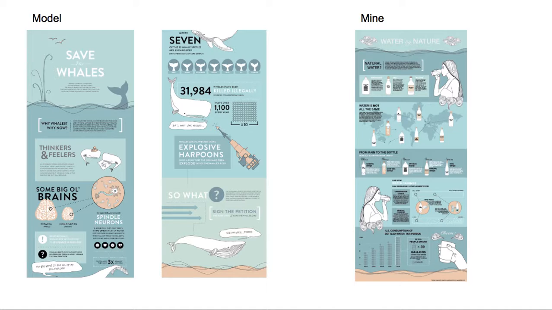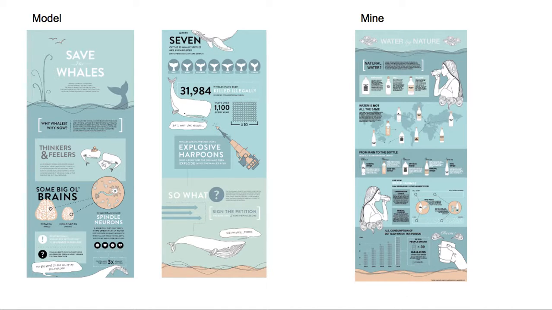so to emulate the color, I used each color for the same purpose as in the model. The blues were mainly used as background colors, and there's one exception where the blue is also used in the graphics. The white is used for text, graphics, these brackets up here, and some dotted lines.